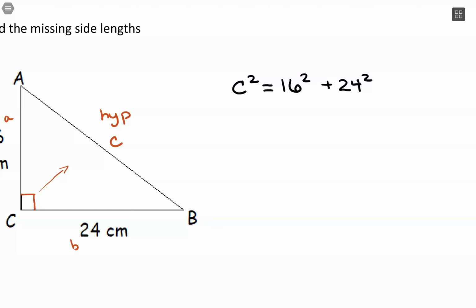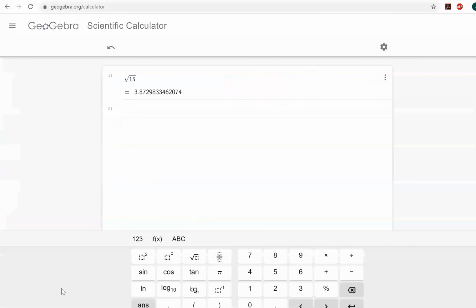Because the key is that I'm solving for c here, which means I'm going to take the square root of both sides. So what we could do is type into the calculator all of this at once, because I'm going to get c, and basically what I'm going to type into my calculator is square root, and I'll even show you on GeoGebra's calculator, square root of 16 squared plus 24 squared.